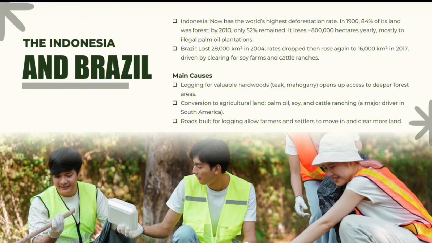But what made this environmental issue grow further is the building of roads for logging, because it makes it easier for people to enter when they are going to get some resources in the forest. Many farmers and settlers now move in and clear even more land along this road.